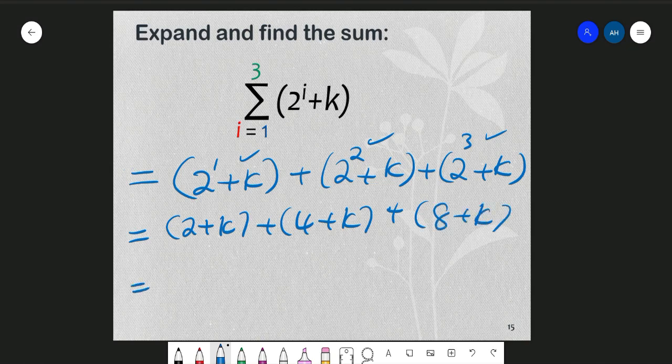Now let's add the variable k first. k plus k plus k, we have 3 of them, so we have 3k. Now how about numbers? We have 2 here, we have 4 there, and then we have 8. 8 plus 2 is 10, 10 plus 4 is 14. So we have to add 14.